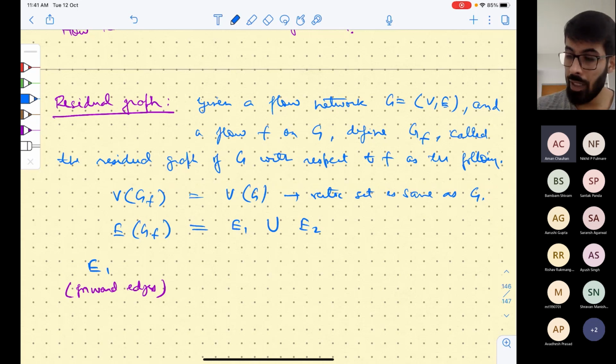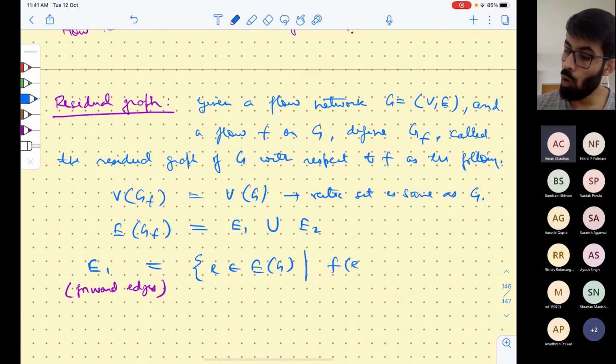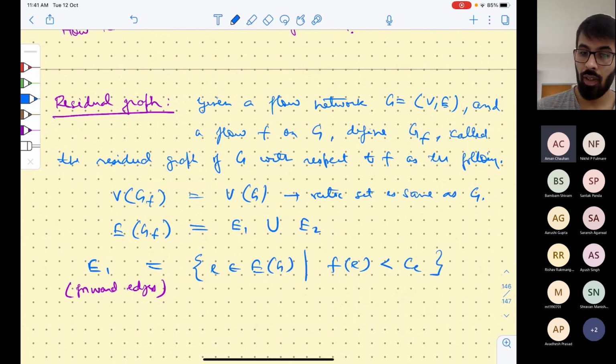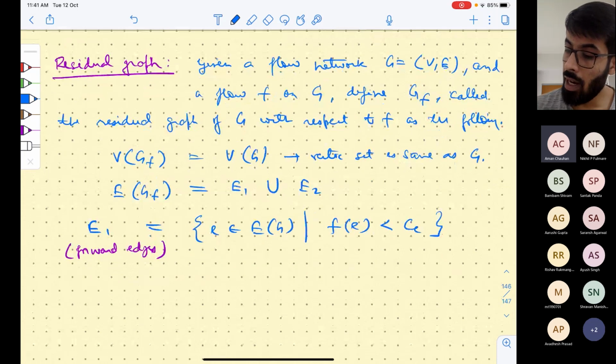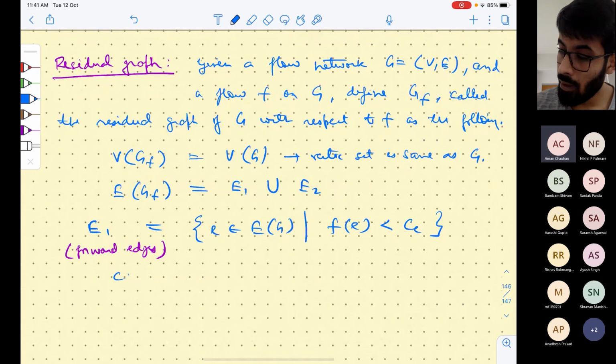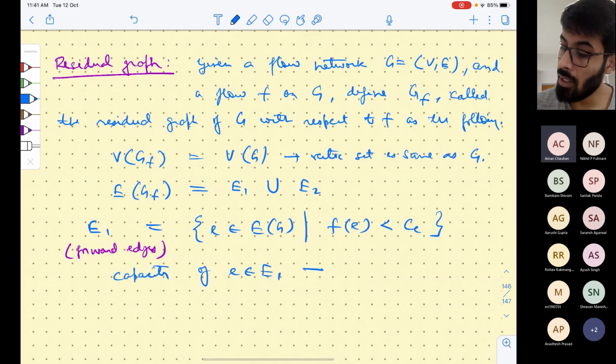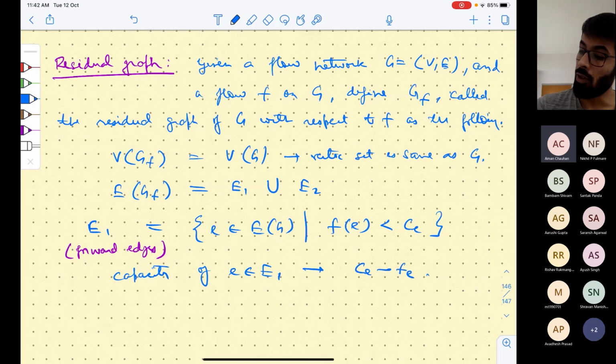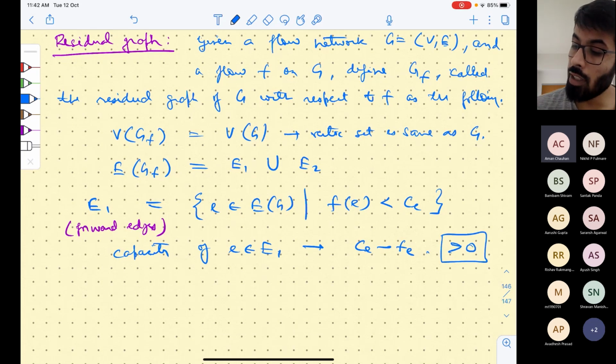E1 is the set of edges e belonging to the edge set of G such that the flow value is strictly less than the capacity on those edges, right? And the capacity of e belonging to E1 is c_e minus f_e, which is greater than 0, actually.